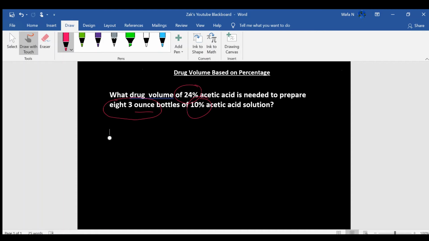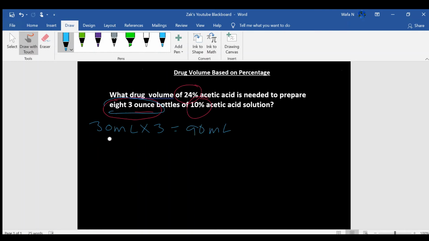So the 8 3-ounce that you see here, we're going to have to break that down a little bit in order to move forward. We know that 1 ounce is 30 milliliters. So 3 of that equals 90 milliliters.